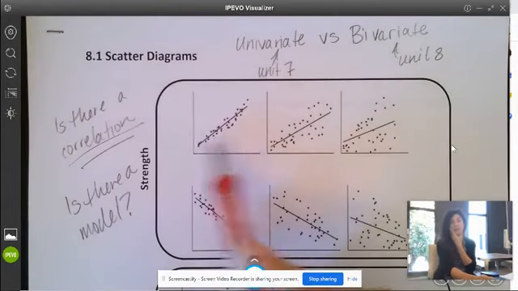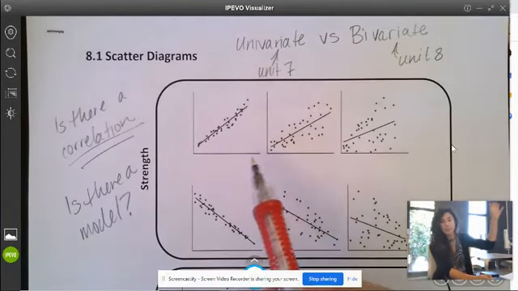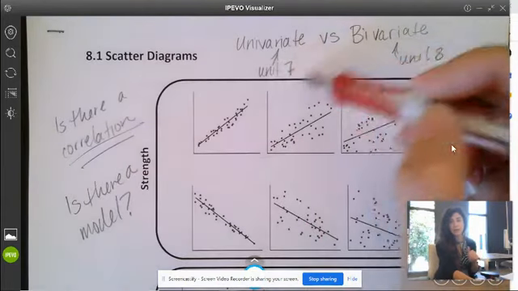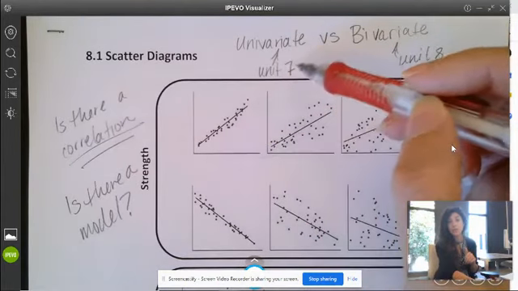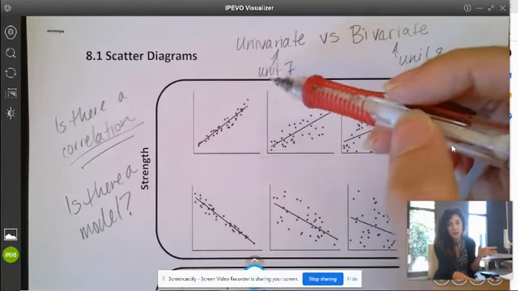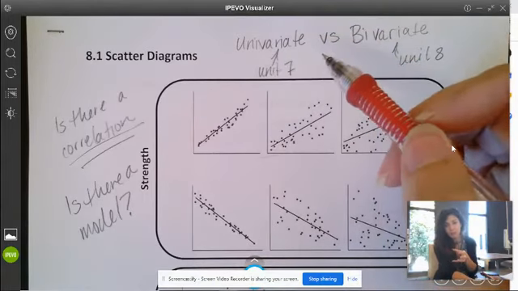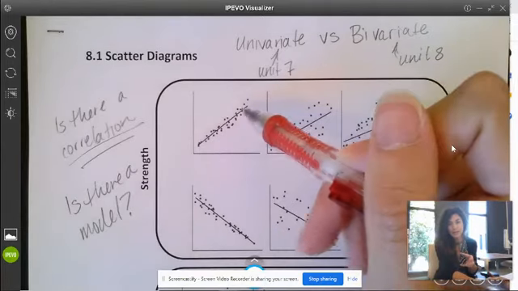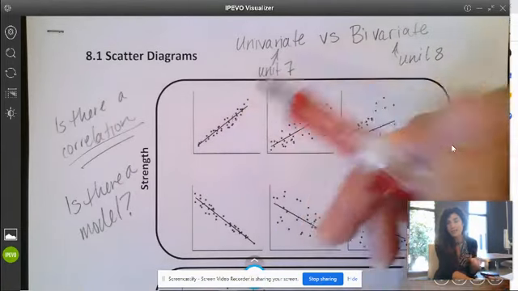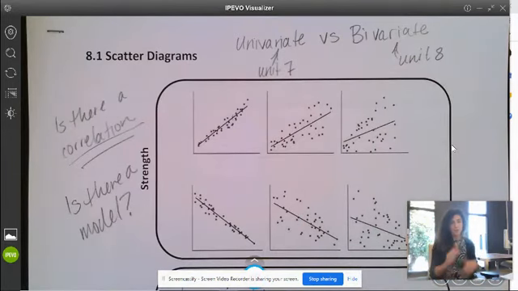So for instance, if we had a graph like this, extrapolation would be talking about data that might be appearing over here on the x-axis. So like over here, if that correlation were to continue, we would be talking about something that's happening here outside of our original data. Versus interpolation is you take what's happening inside of our data and then make guesses of things that we don't know about, but we can guess inside of this data. So we use this model to then make predictions, whether it's extrapolation or whether it's interpolation.